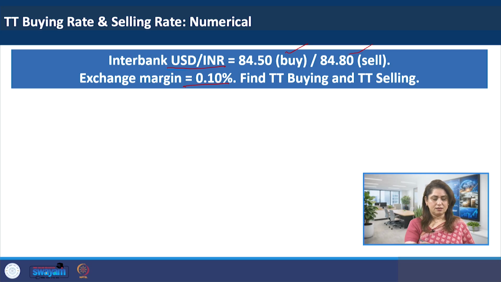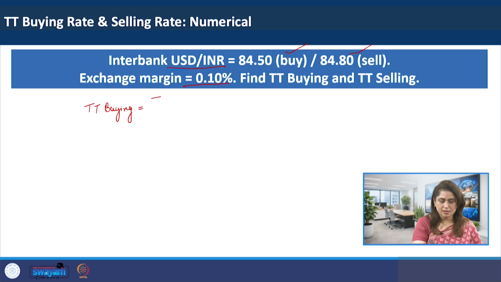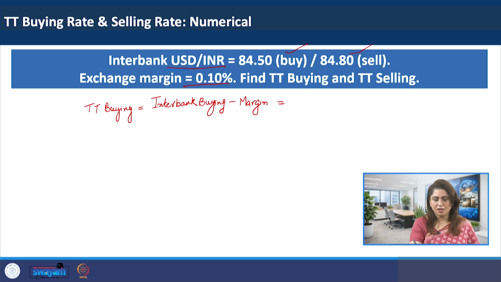Now here the TT buying is equal to interbank buying minus margin. We have been given interbank buying, which is 84.50. So we will write here 84.50.